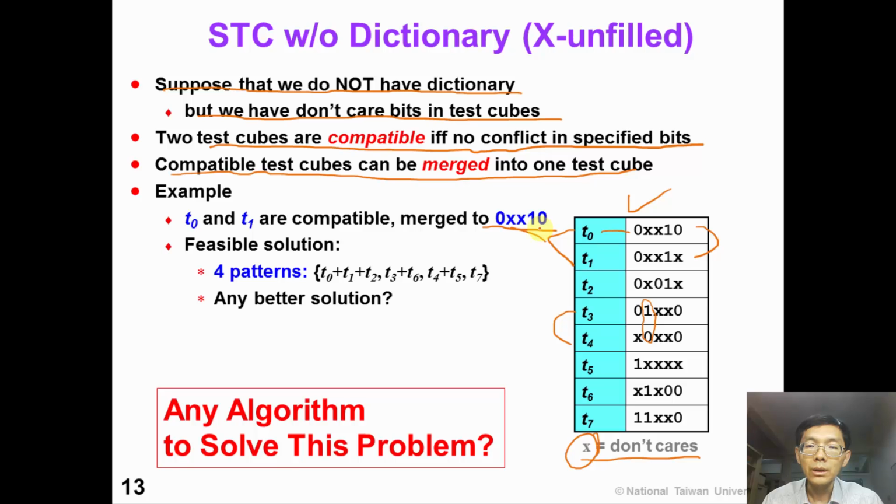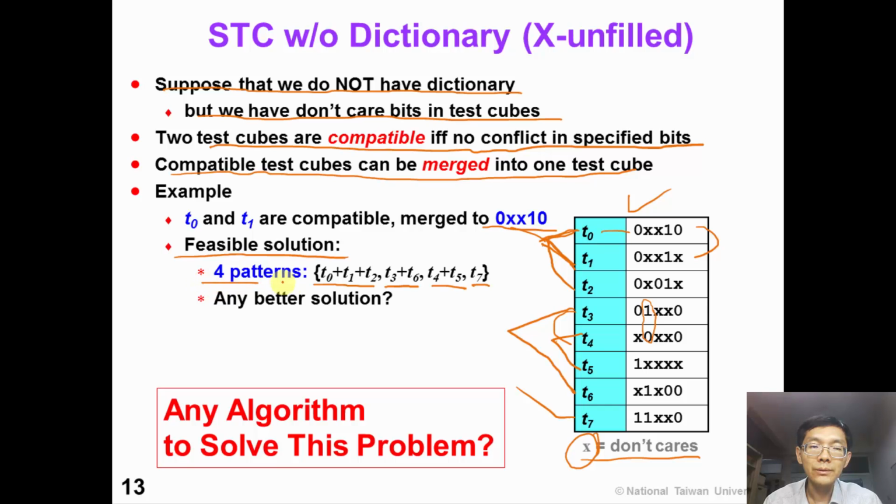So how are we going to find a minimum test set by using test cube merging? One feasible solution is that we can merge T0, T1, and T2 into one test cube, and we merge T3 and T6 into a second test cube, merge T4, T5 into a third test cube, and eventually we have T7 alone.